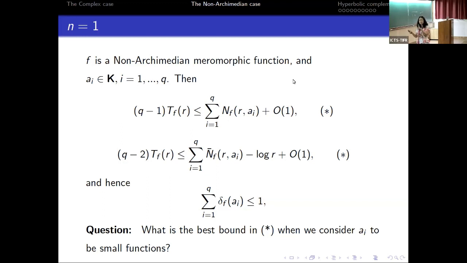Normally for non-Archimedean the number should be less than 1. Okay, but we still cannot get 1 here because there are some technical issues in the complex case that cannot translate into the non-Archimedean case. And then we also cannot find another way to pass the difficulties gap.